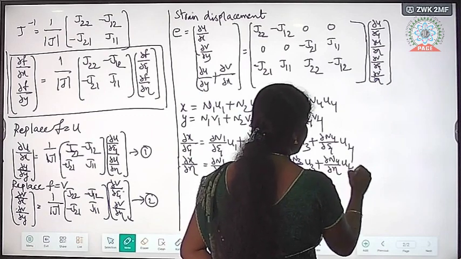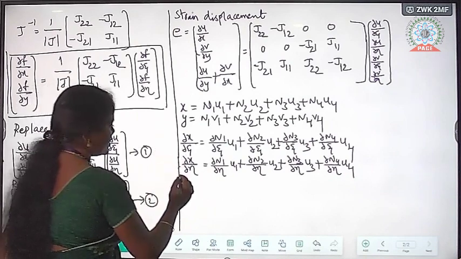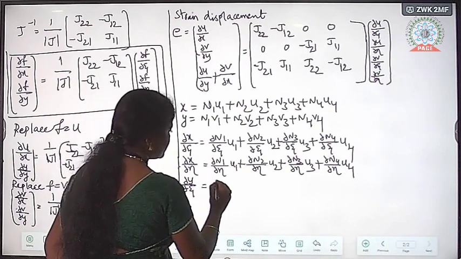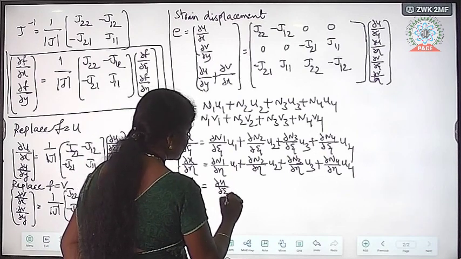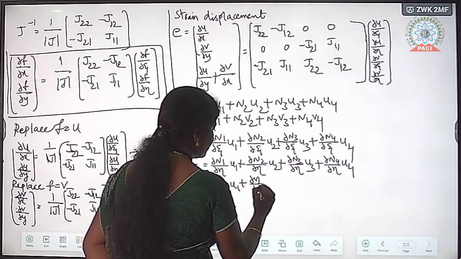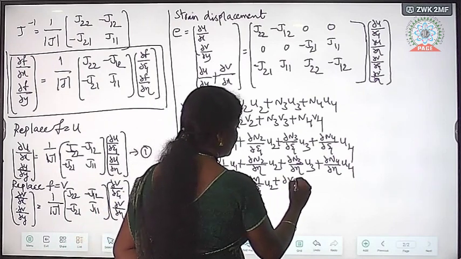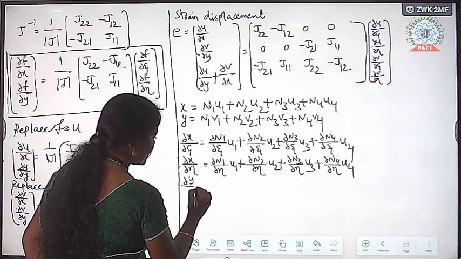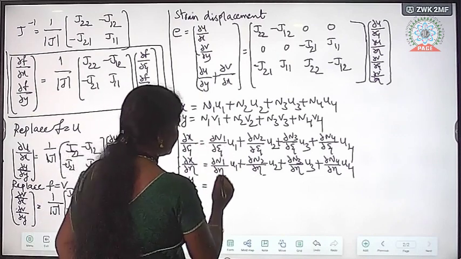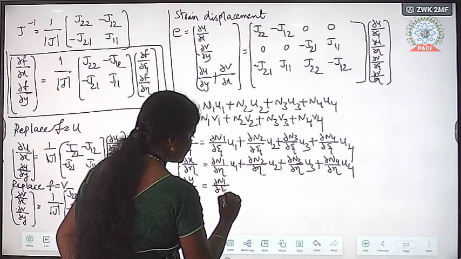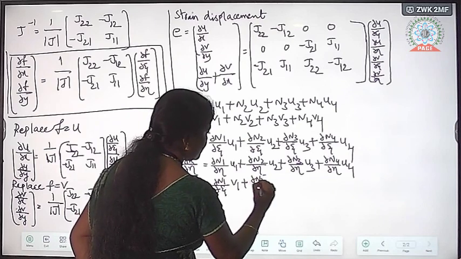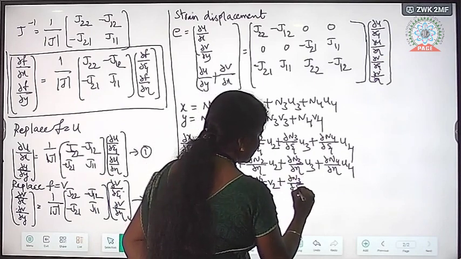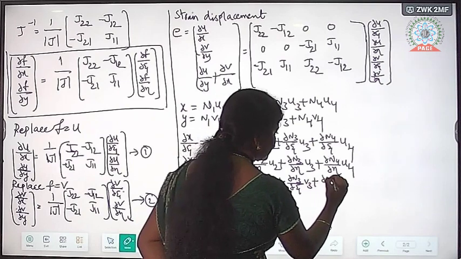Similarly for the y displacement axis, dou y by dou xi is equal to dou N1 by dou xi into v1 plus dou N2 by dou xi into v2 plus dou N3 by dou xi into v3 plus dou N4 by dou xi into v4.